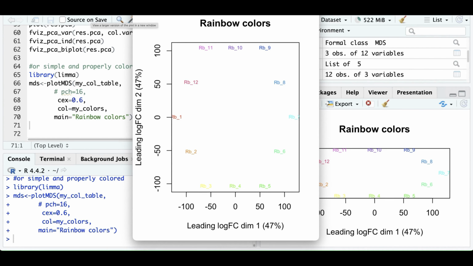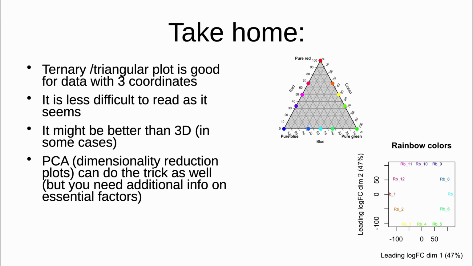What can we learn from this exercise? First of all, the ternary plot is not that difficult to read or to make. Secondly, sometimes it is easier to read and to get an impression of the data compared to a 3D plot, although I can imagine that for some other data 3D is better than ternary.